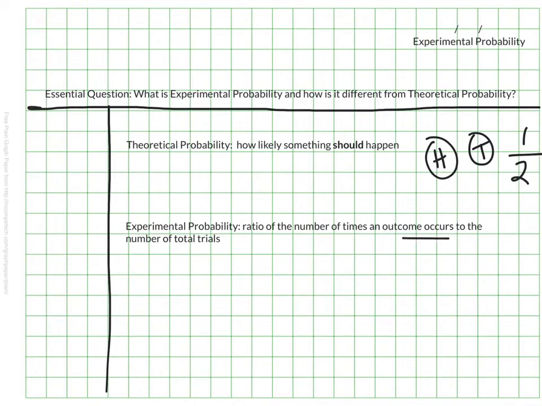The outcome we're looking for occurs out of the total number of trials. And I'm going to write this in fraction form as well. So you can see the big difference here is that this is out of an actual set of trials, right? You're actually doing the experiment, hence the name experimental probability. It's not in theory, it's happening in real life.